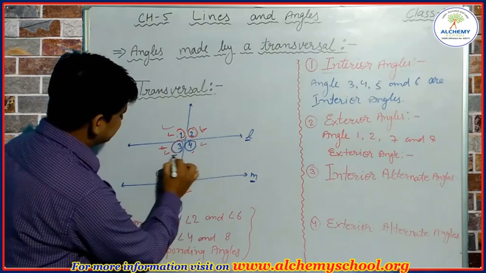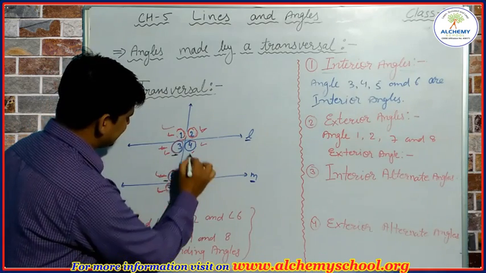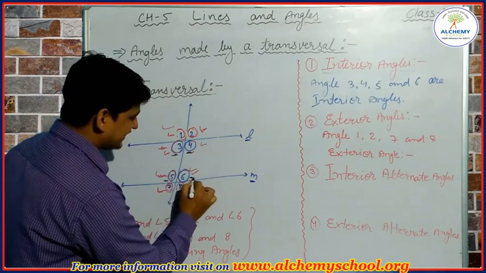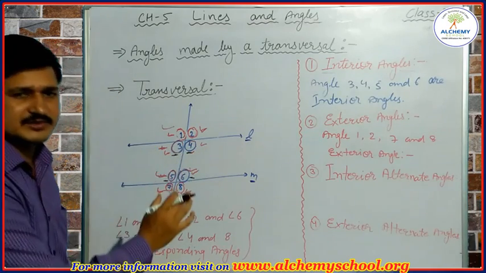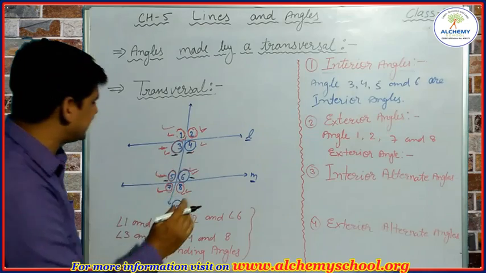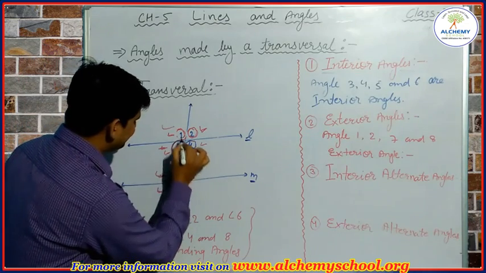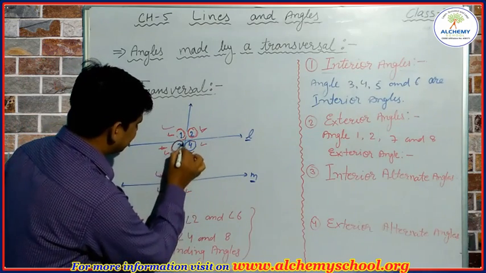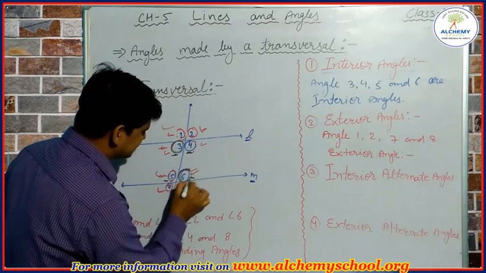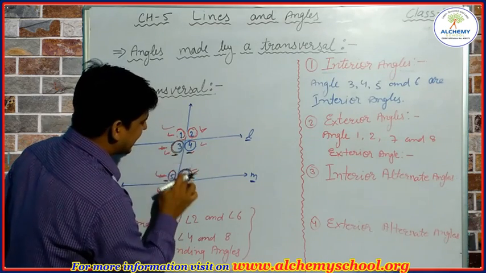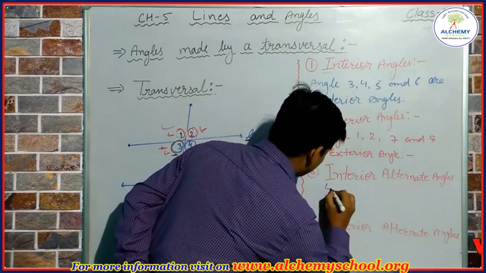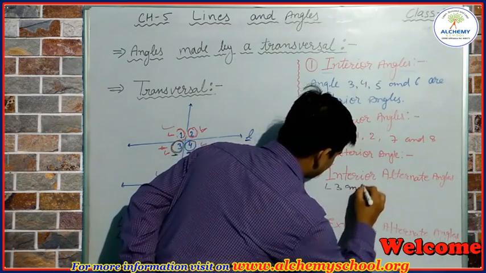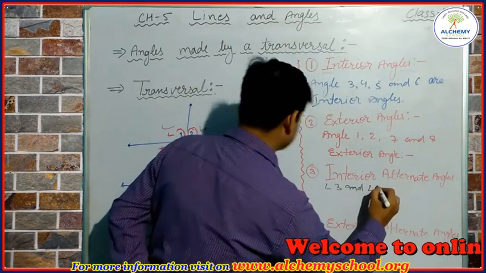We can see these four angles are interior angles, and we are going to talk about alternate interior angles. Angle 3 and angle 6 are alternate interior angles. We can write here angle 3 and angle 6.